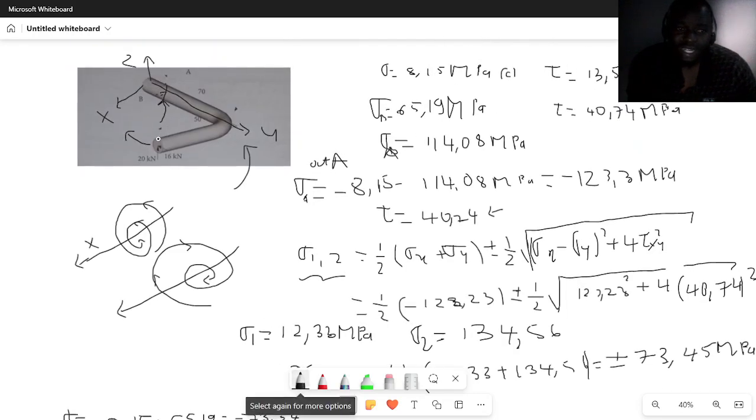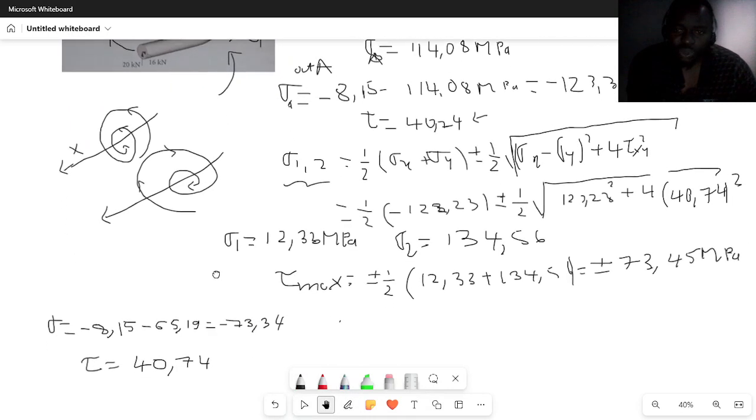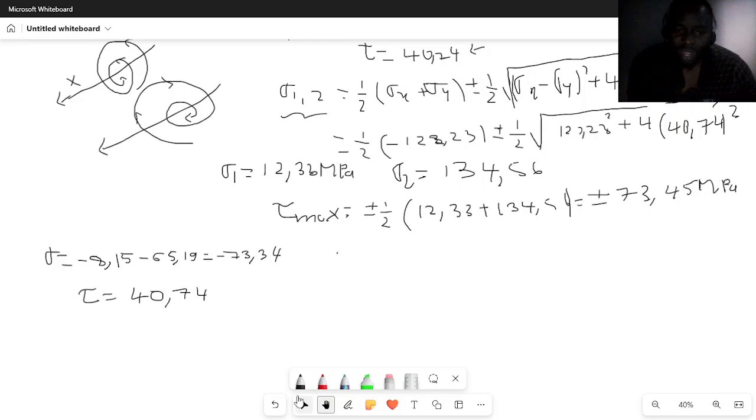Remember, we say that this shear of 16 will only have an effect at B. That is the reason why here for the shear of XY they have that 13,58 again. But they've got it negative as well. The whole XY here they got as minus 54,32.